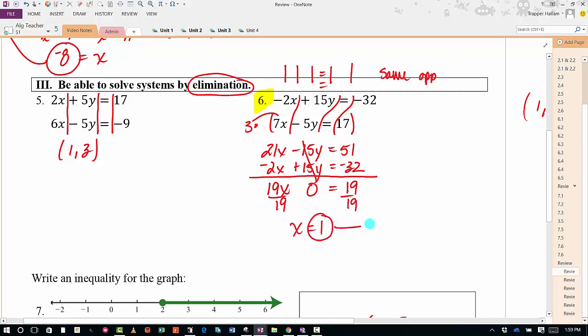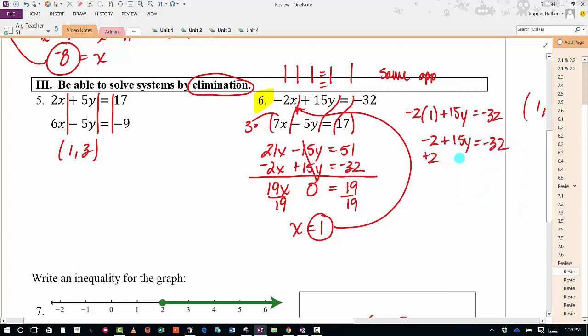Now that I've got that, I'm going to go ahead and plug it into one of the two equations. I'm going to plug it into that x there. So let's rewrite it with the new substituted value. So negative 2 times 1, because there's my 1, that's my x, plus my 15y equals negative 32. So I get negative 2 plus 15y is equal to negative 32.